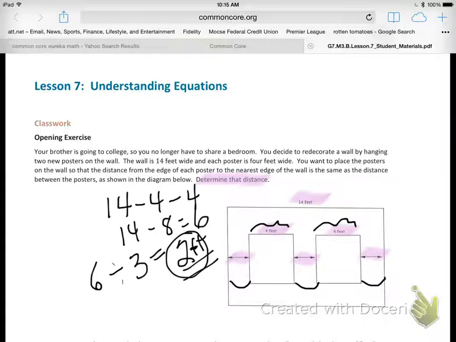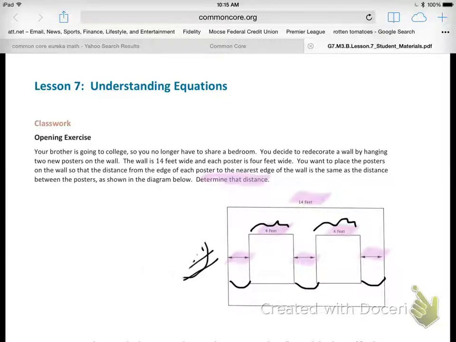But more importantly to me is that you know how to set up an equation to complete this problem. So for example, we can make it look more equation-like without actually using variables or unknowns in the following way.